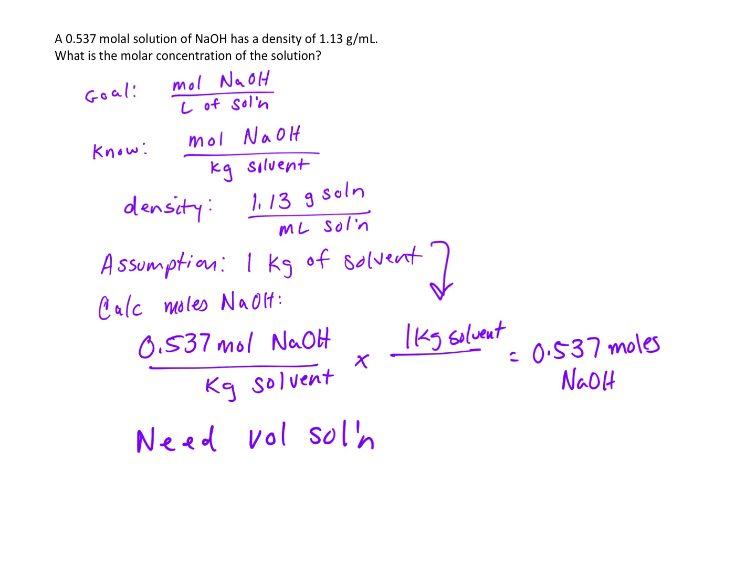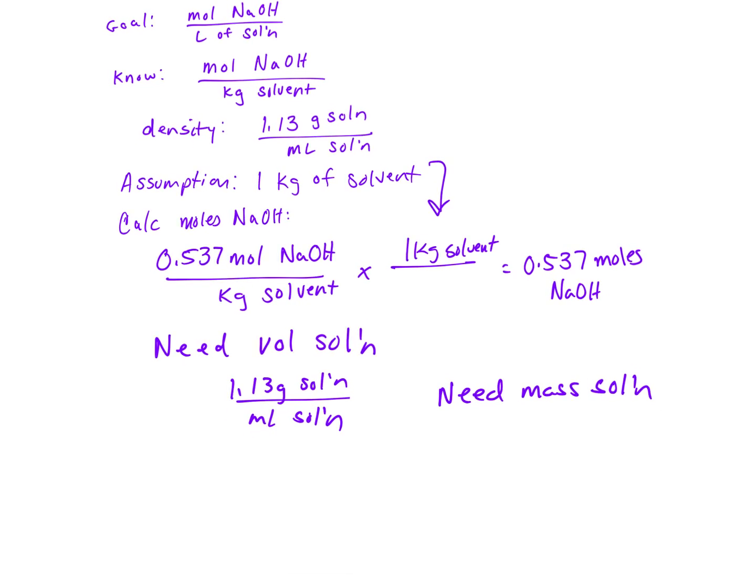And we can use the density. So we have 1.13 grams of solution per milliliter of solution. But we need the mass of the solution in order to find the volume. We've already assumed 1 kilogram of solvent, so we know the mass of that.